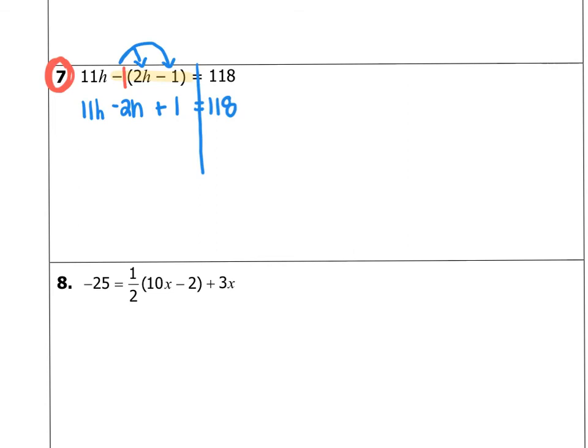Step 2 is to combine like terms. I can combine this 11h with a negative 2h. 11h minus 2h is 9h. And bring down this plus 1 equals 118.